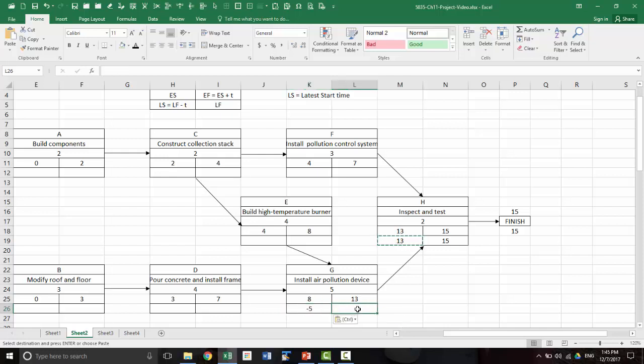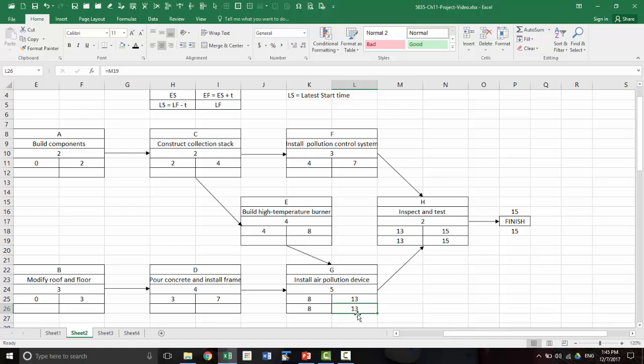The latest start time formula is the same for all the activities, so we can copy that. Here, for G, there is only one arrow going out, so the latest start time for H is when G must be finished. This is the latest by which H must start, and therefore G must finish at the latest by that time. If G doesn't finish by 13, then H cannot start by 13 and the project will get delayed.